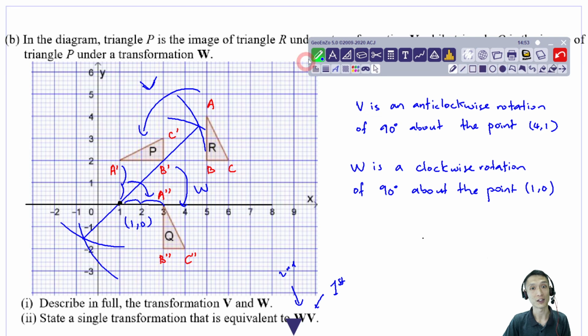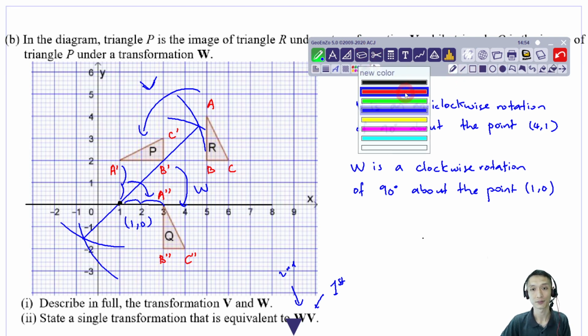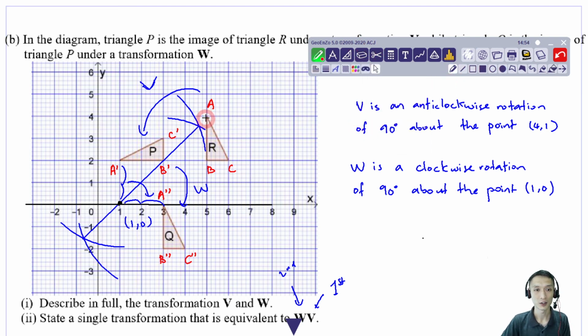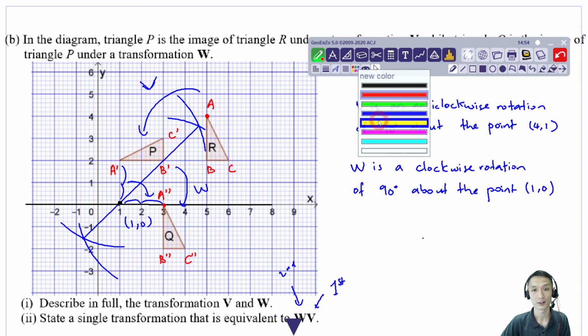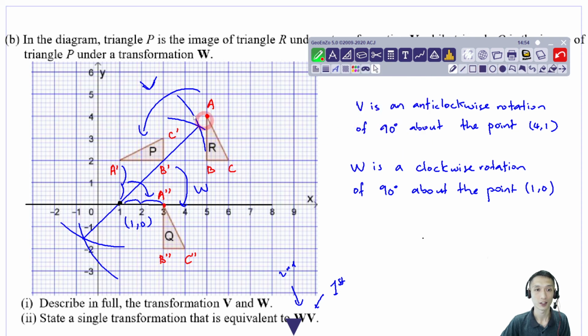To describe a translation is actually very easy. From here, go here. Let me calculate how many units go to the left and how many units go down. 1, 2, 2 units. 1, 2, 3, 4, 4 units.